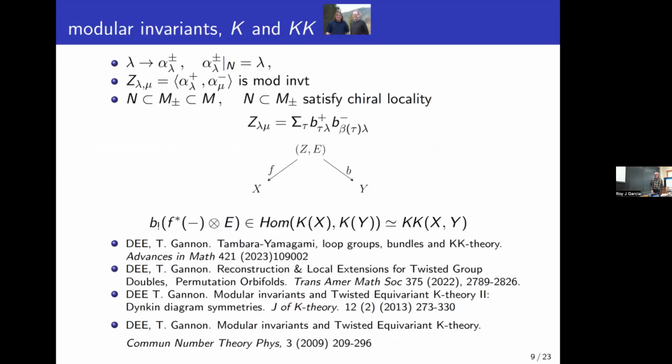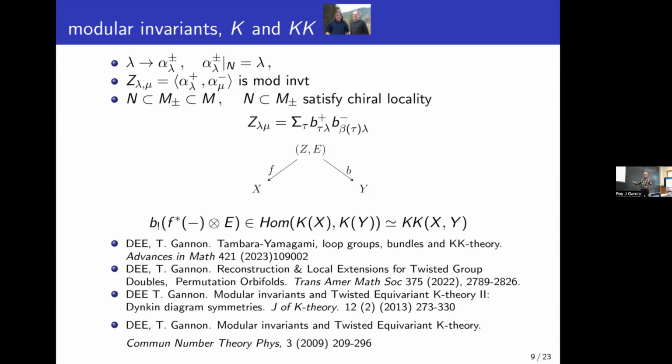Right, so then in this body of work, after Constantine visited Canada, I worked with Terry Gannon for many years. This project where we try to understand everything about the subfactors through K theory. So for loop groups, doubles of finite groups, lattices, and so on.